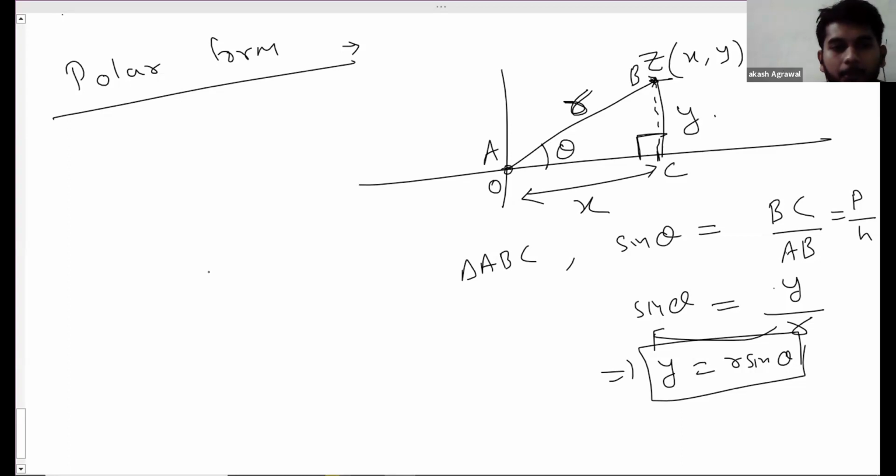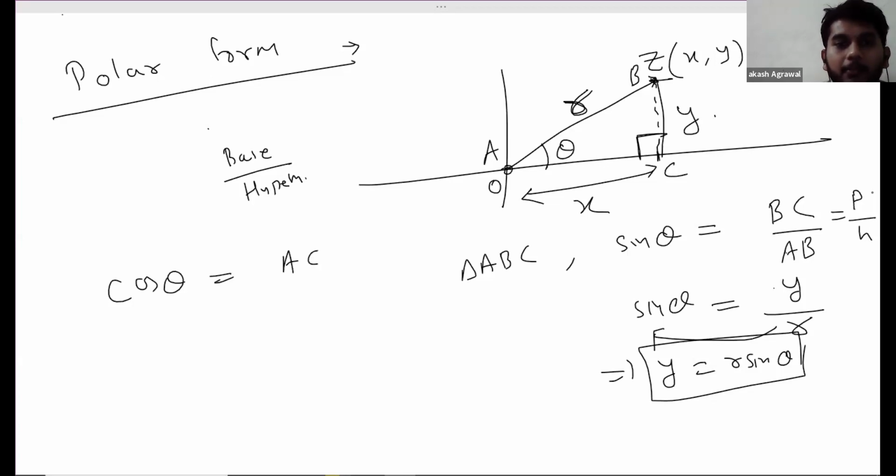Now, can anyone tell me, Afnan, what is cos theta here in the same triangle ABC? No. Cos theta we write as base upon hypotenuse. AC divided by AB. Very good. Clear, Afnan?